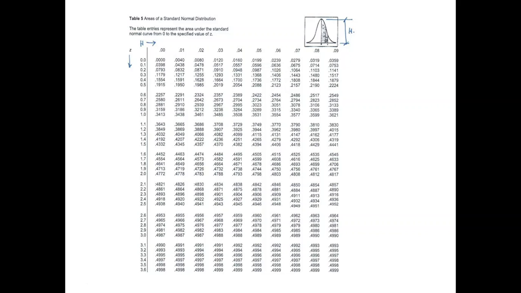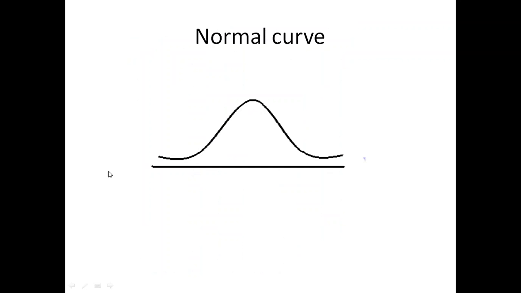Now, when we solve a question and need a probability, we need to use the area table for the standard normal distribution. In this, the areas for different numerical values are given. Now let's see how to use them. First of all, you need to know what a normal curve is. The normal curve is basically the shape of the distribution.